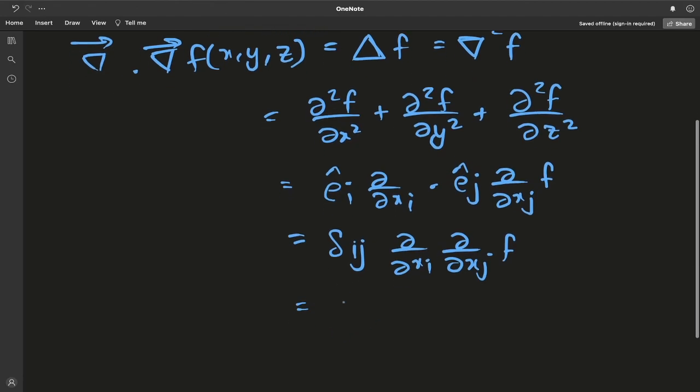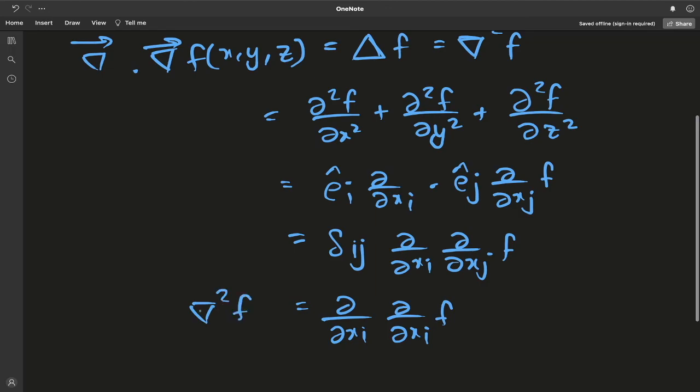Which turns out indeed to be partial over partial x_i, partial over partial x_i of f. And that is the Laplacian of f. This is a scalar Laplacian.